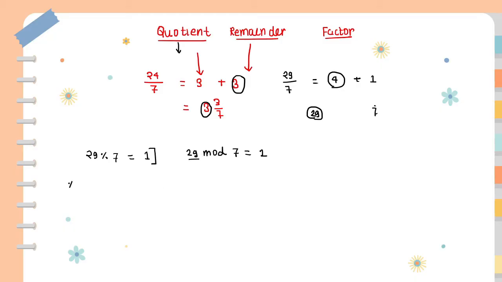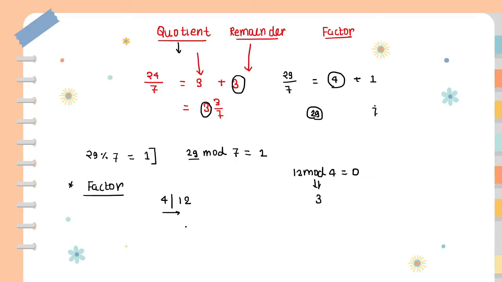Now moving to the factor part. Factor means, let us assume 4 divides 12. It is written like this: 4 divides 12 means 12 modulo 4 will give 0, and its quotient is 3.